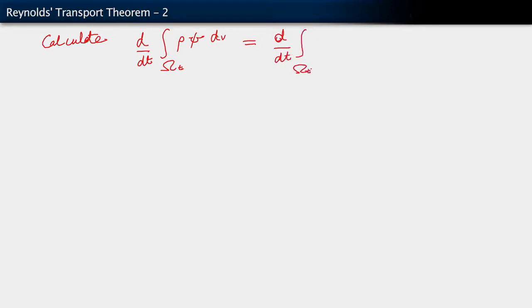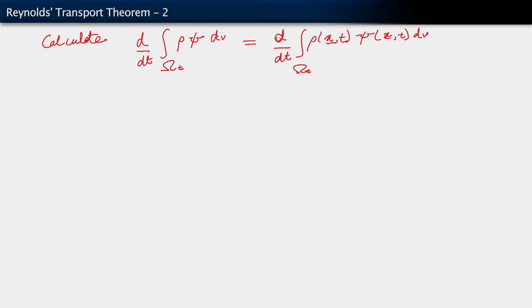We have rho being the mass density per unit current volume, rho parameterized by little x and t, and we have psi also a spatial field. So this is what we want to compute.